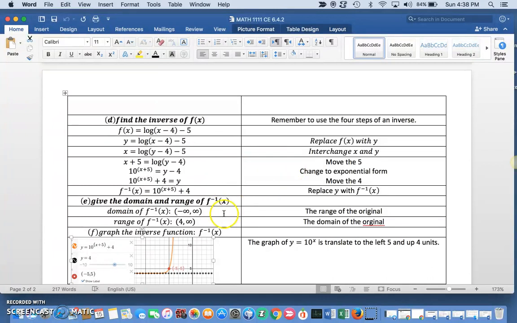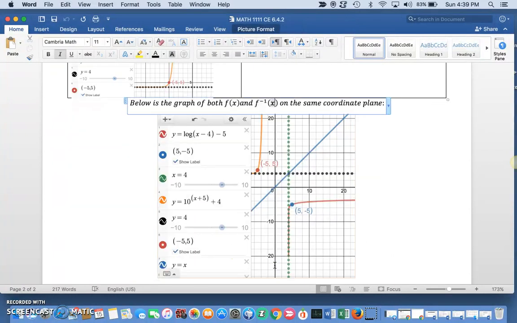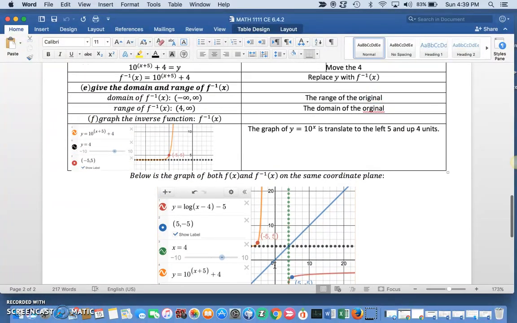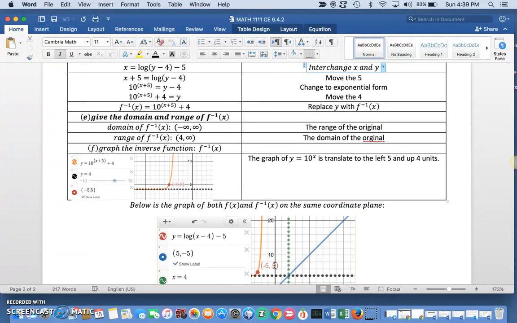Remember, your range of the logarithm was all real numbers. So your domain of the exponential, because all exponentials are all real numbers, is still all real numbers, -infinity to +infinity. Remember, the domain on the original was 4 to infinity, so the range here will be 4 to infinity, because you, of course, shifted the basic graph of 10 to the x.